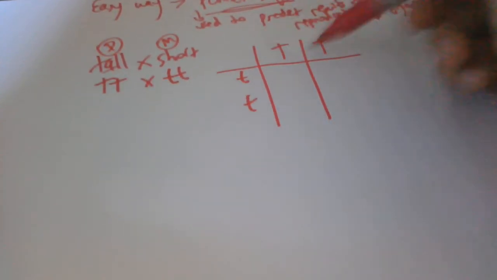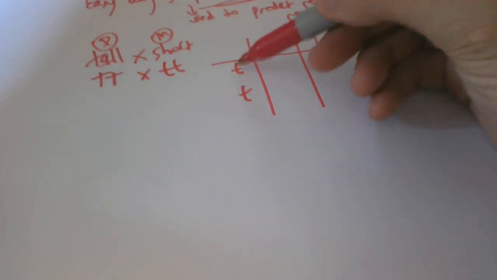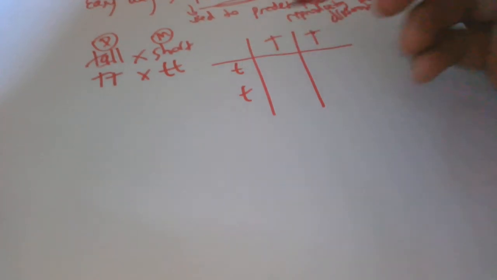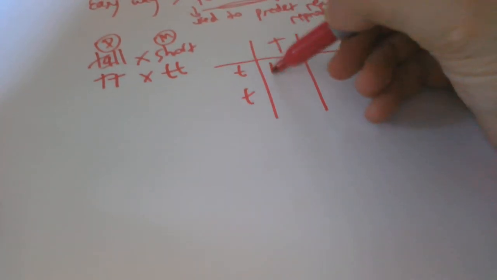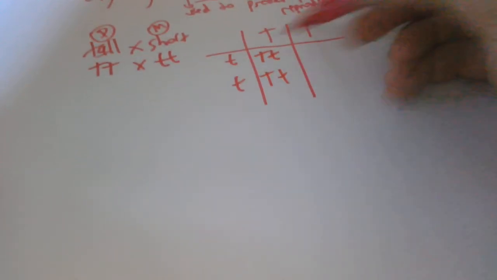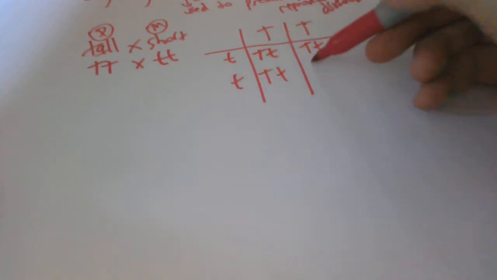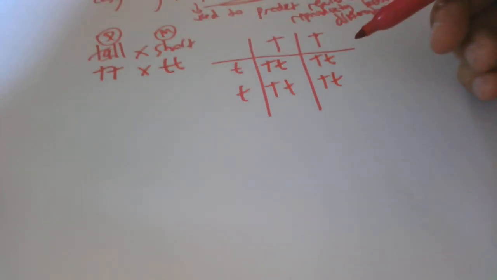So the dad's at the top, mum's at the bottom. Now, what's big T times small t? Well, that's just big T times small t. What's big T times small t? That's another big T times small t. Big times small, big times small. And that's how you work out the offspring.